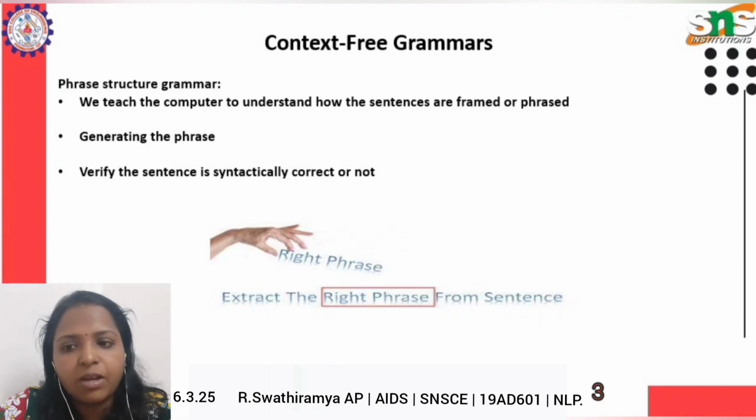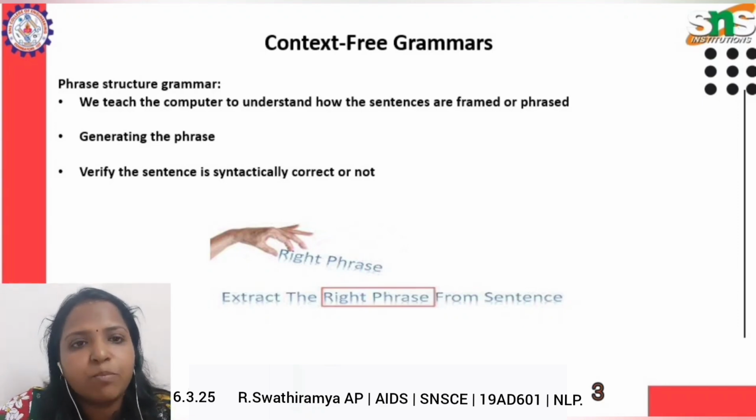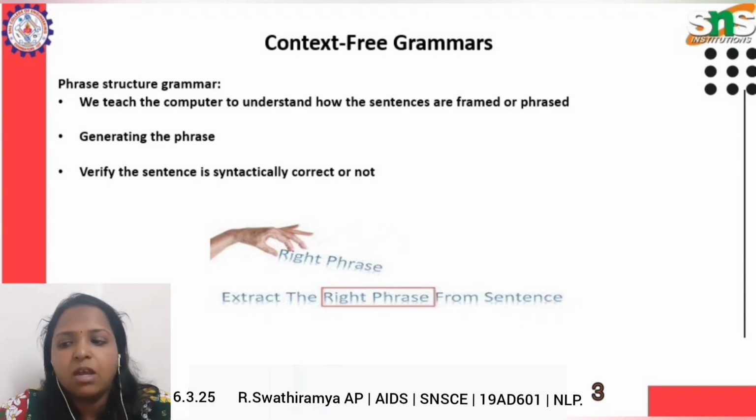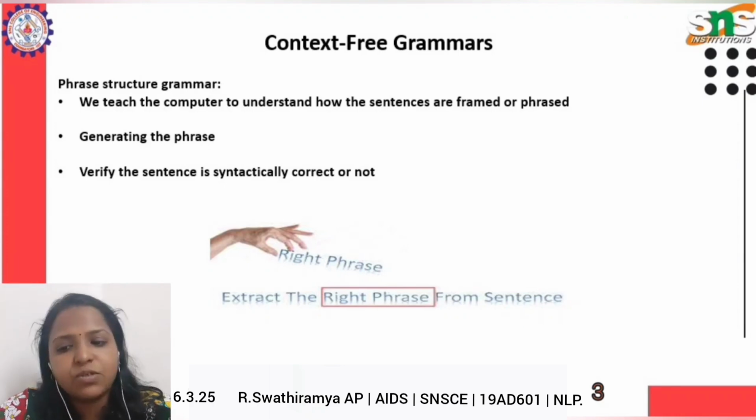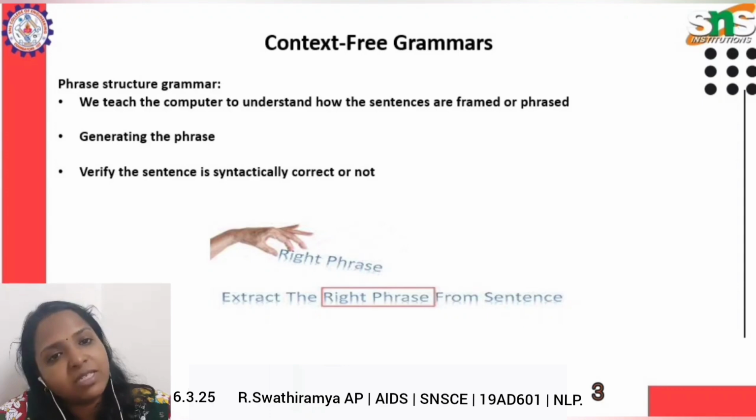When you want to teach a computer to understand the sentence, you need two things. You need to give some rules and regulations. Obviously, we need some rules and regulations, and these rules and regulations will help us to form a meaningful sentence.